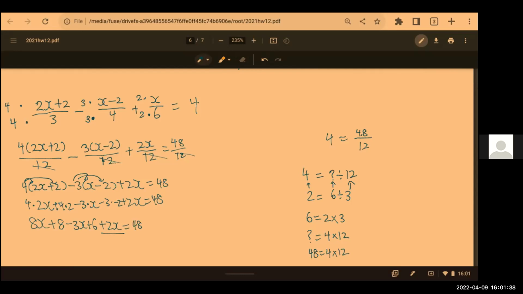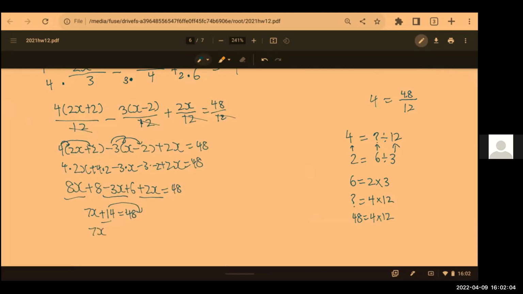Combine similar terms. Your line doesn't go over to the plus sign. Your -3x, your line is too long. So you need to move the term. When you move, what do you need to do? Correct, change the sign.